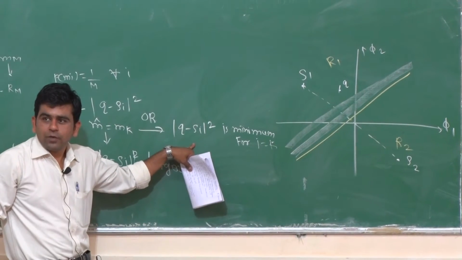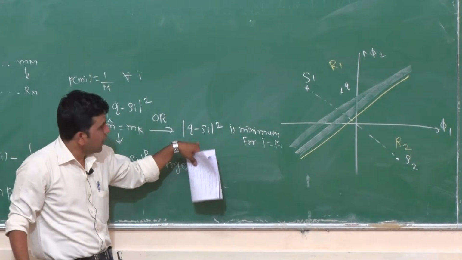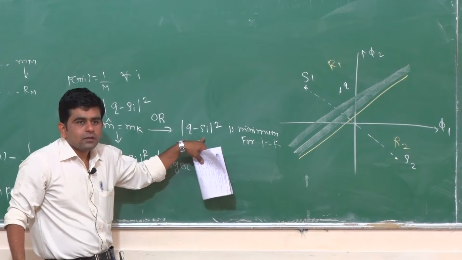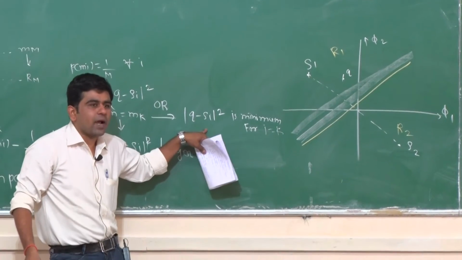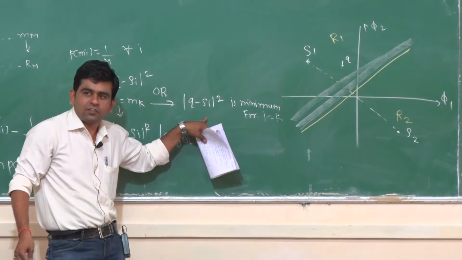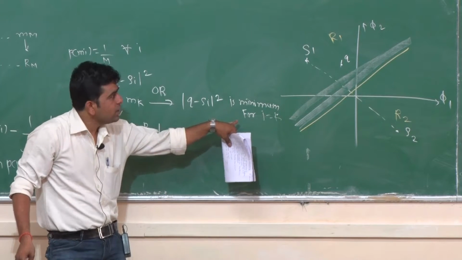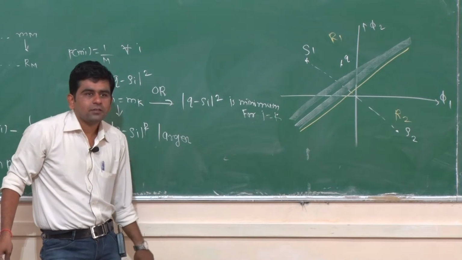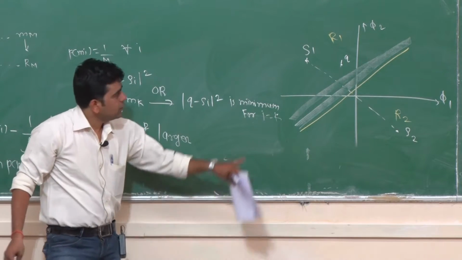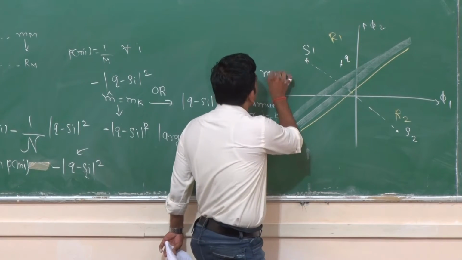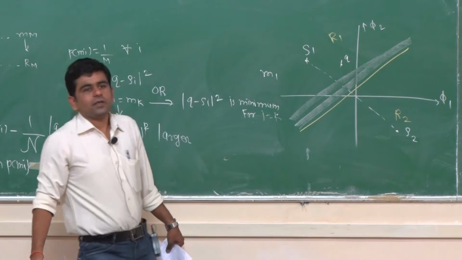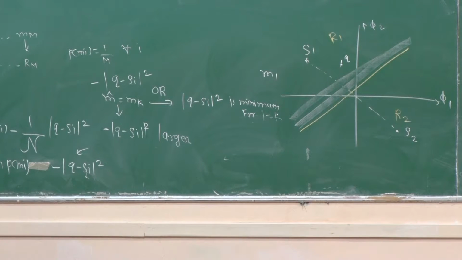This is the distance. We take the norm, which gives |q minus si|. Whatever the minus or plus, it will only give the distance. So here this distance is minimum, so our decision is correct. For this case we can see that M1 is transmitted, otherwise M2 is transmitted.